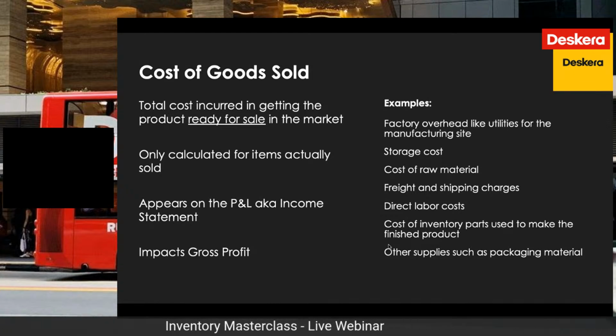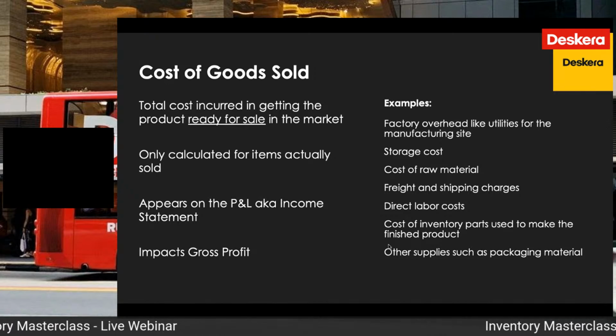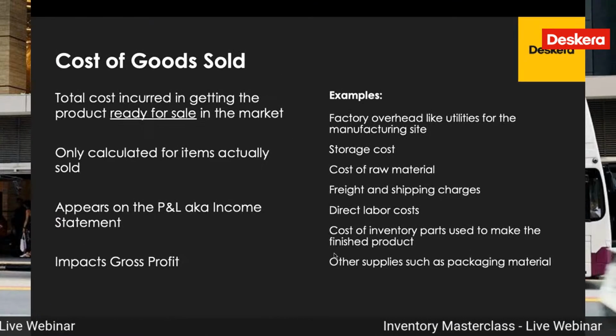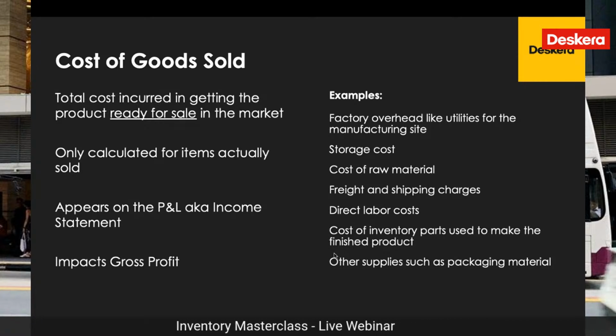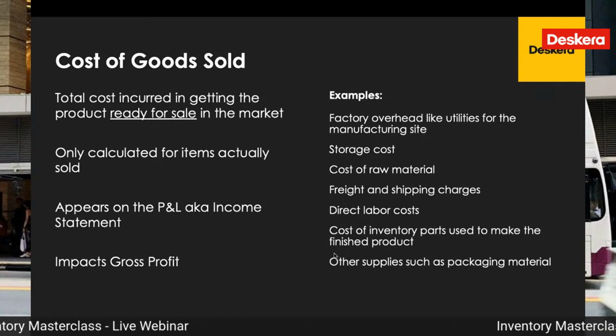Even if I did not make a single sale, I would still have to pay the office rent. I would still have to pay the electricity. All of those things will continue to happen. And that is why you should not just put that under cost of sales. It should typically be under expenses, right?